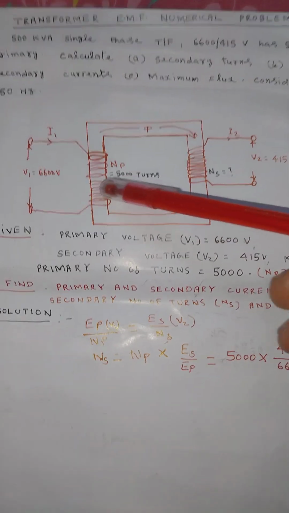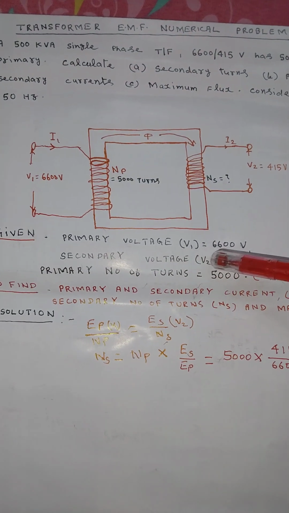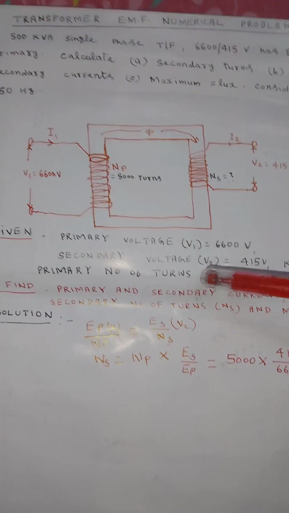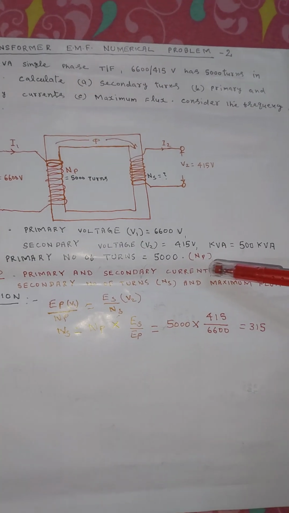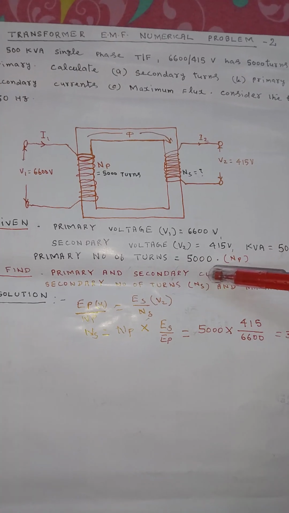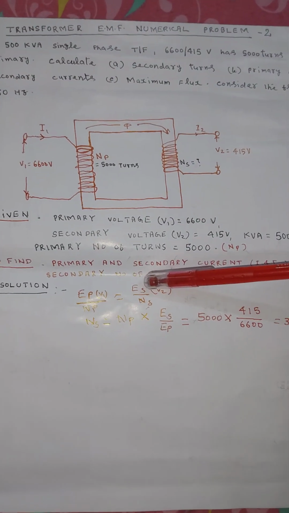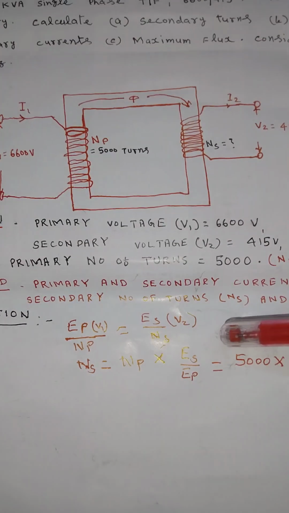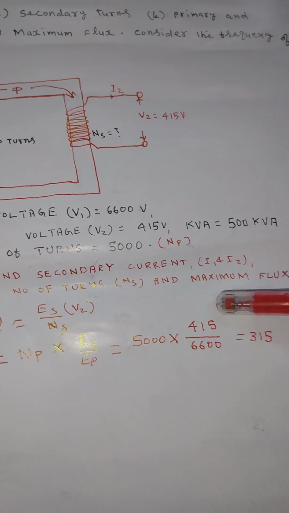Now in this problem, what is given is primary voltage V1 is equal to 6600, secondary voltage V2 is equal to 415, 500 kVA, primary number of turns NP is 5000, and we have to find primary and secondary currents I1 and I2, secondary number of turns NS, and maximum flux.